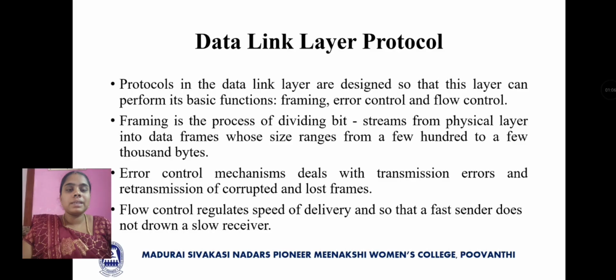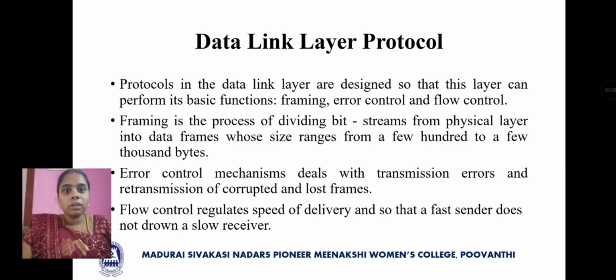These functions make the entire data transmission reliable and efficient, because during data transmission the overall processing must be reliable for both the sender and the receiver, which will be handled smoothly by these protocols. Before moving on to the protocols, let's first discuss framing.